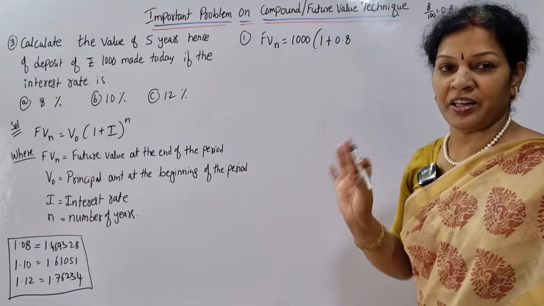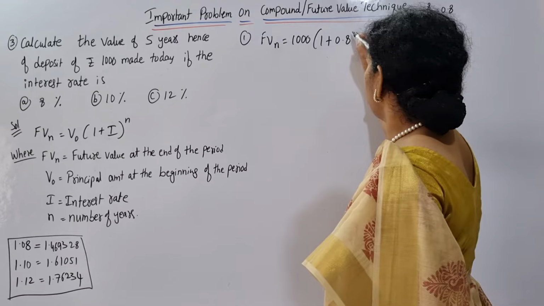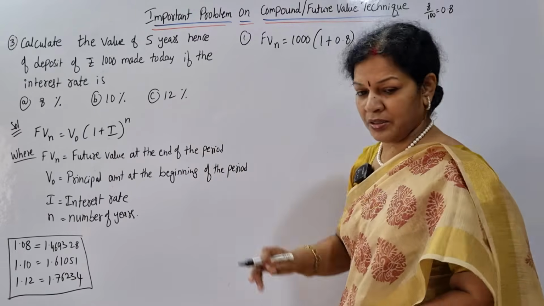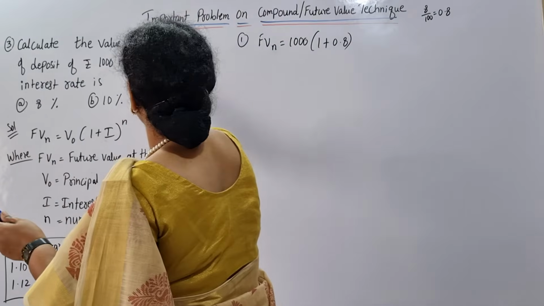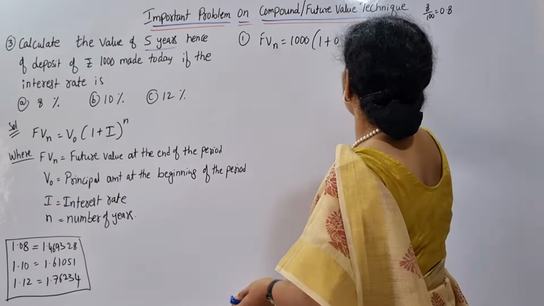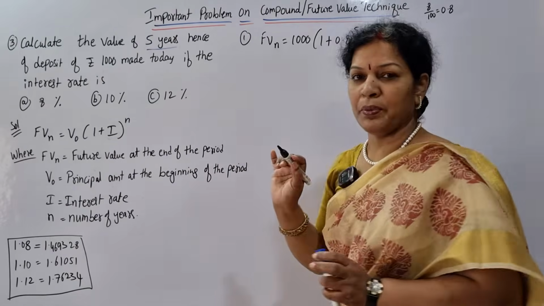Okay, that I have written directly. Into the power of n. How many years? Years are 5 years, so to the power of 5. Simple calculation.